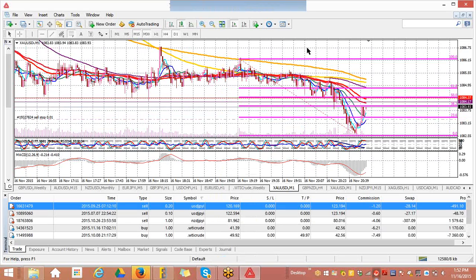So what I might do is I'll just go ahead and take out my win for right now. The rest of them are long terms. So, those have to do with weeklies.